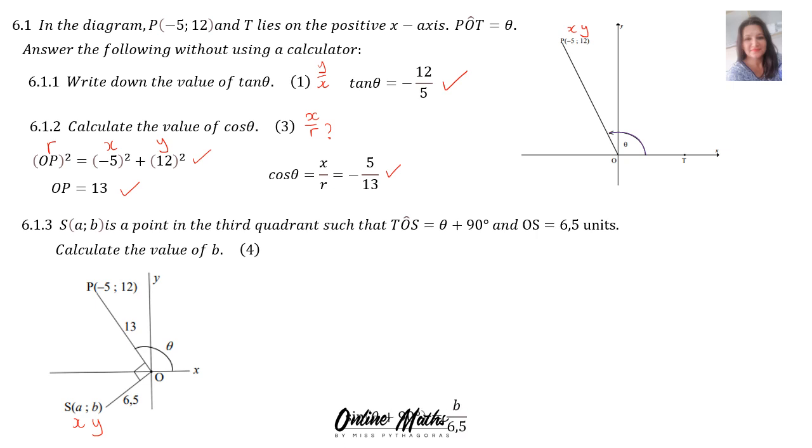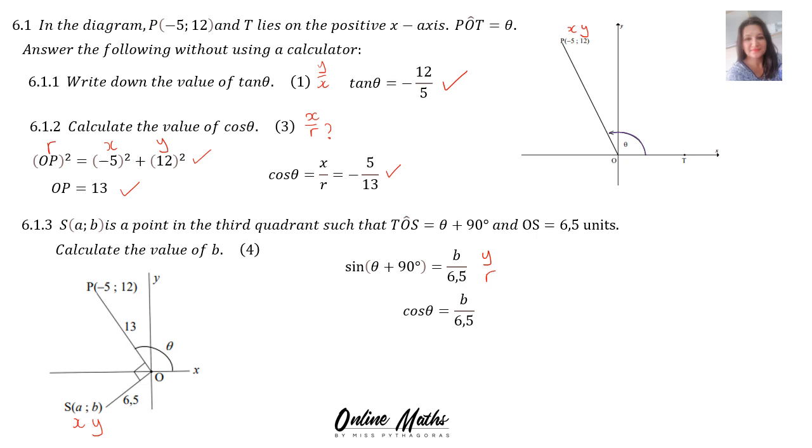So we start with sin of theta plus 90 is y over r, and the y is B and the r was given, 6,5. And then sin of theta plus 90, that reduction formula, is the same as cos theta, which is B over 6,5.